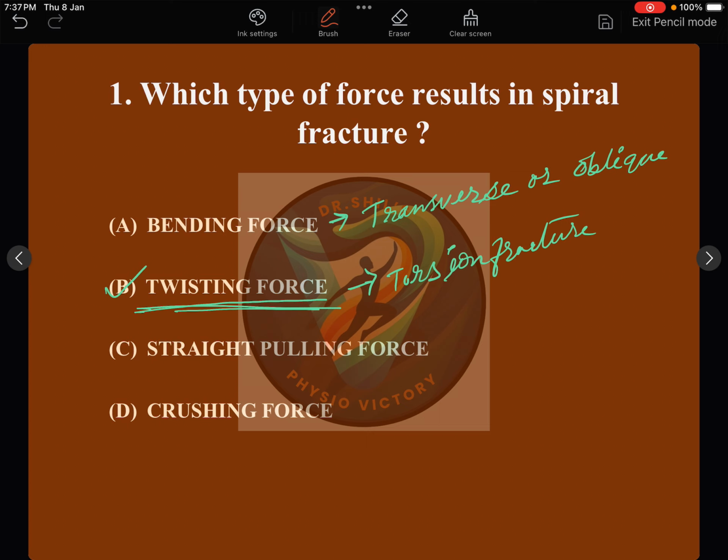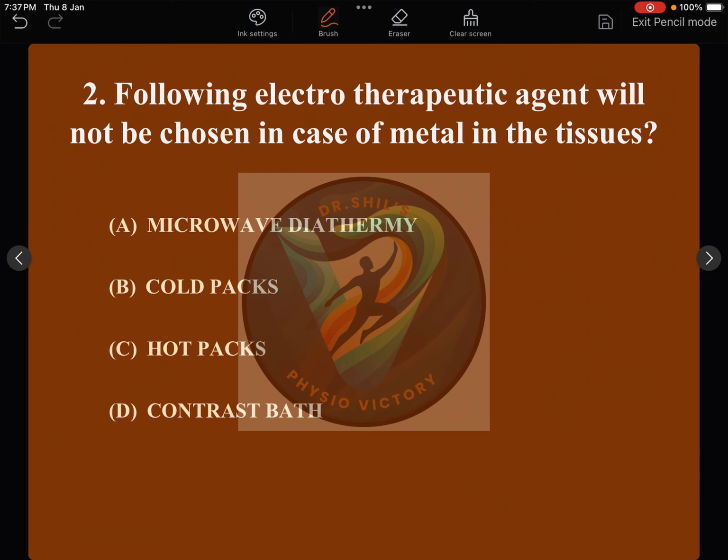Straight pulling force basically causes avulsion, and crushing force or compression results in burst fracture or compression fracture.